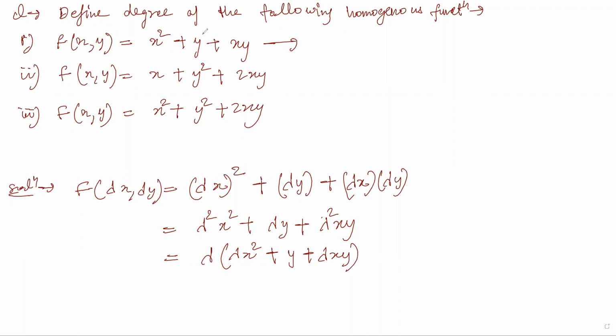Because here the power of y was 1 only. It was not a homogeneous function because all of the powers involved are not same. The power here is 1 and 1, but on multiplying, this becomes 2, right? So while writing degree, we will consider it as 2, not as 1. So this x square plus y plus xy is not a homogeneous function because of this y, right?